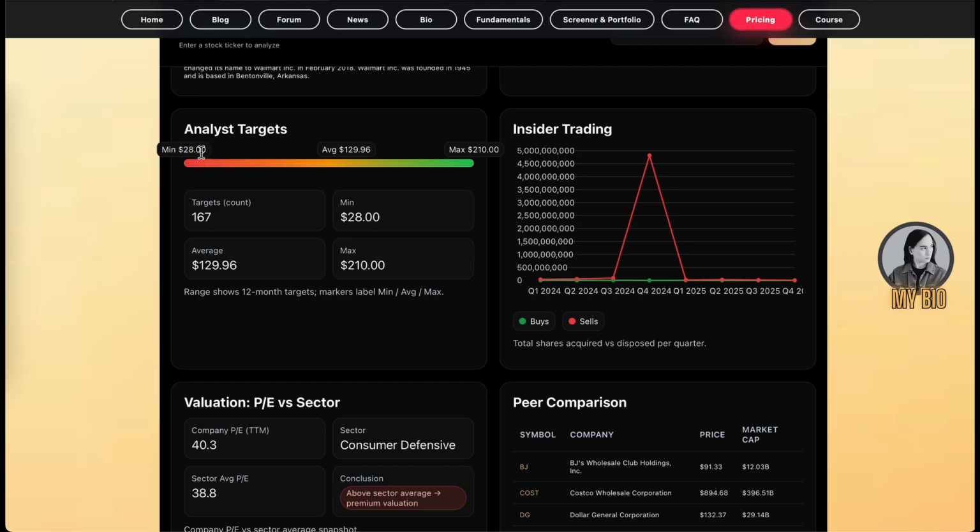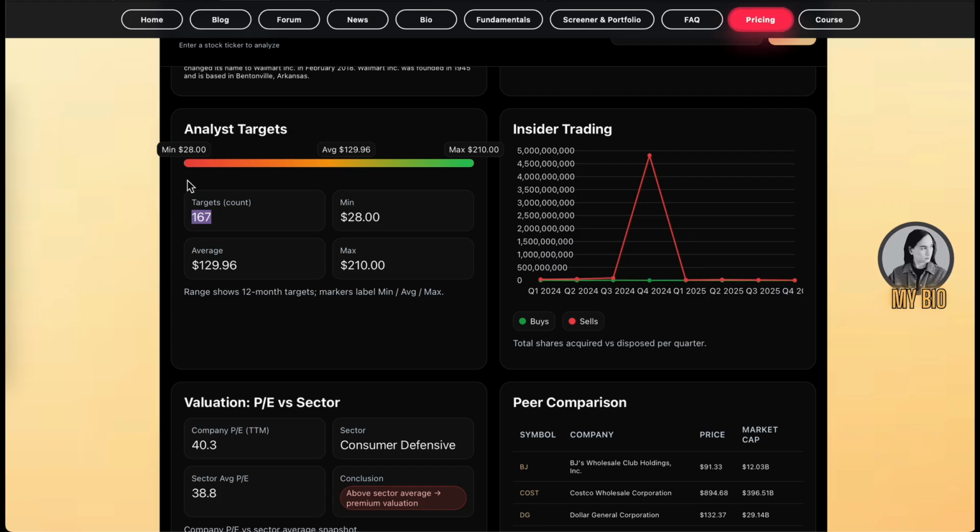So one analyst believed that the stock target price for Walmart can be $28 per share. The maximum price is $210. Someone believes this is a realistic price. And the average price is $129.96. As you can see, there are 176 analysts who were calculating the stock price for Walmart.